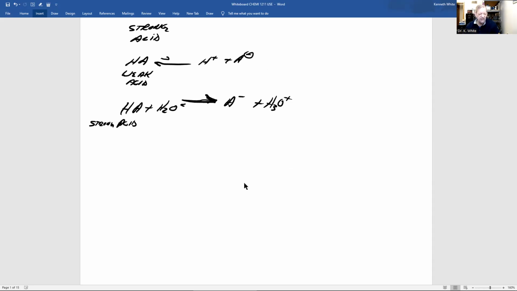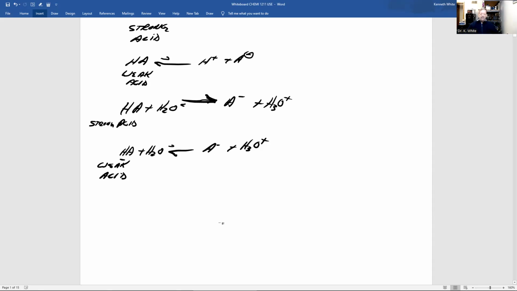And for a weak acid, and this won't be on a test, but it's something you should know, it goes very little to the right. Most of it stays here. It doesn't donate much of its proton, just a little. I'm a weak acid. Here, just take a little of my protons. If I'm a strong acid, take all of my protons.